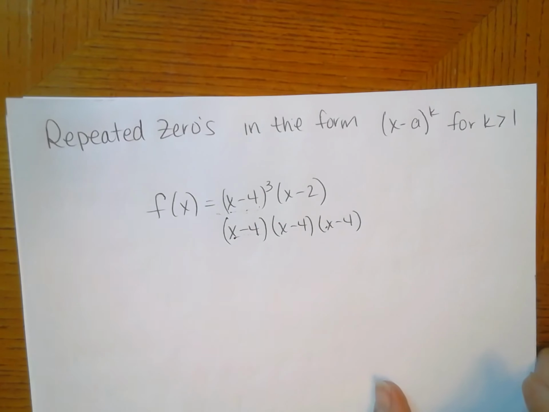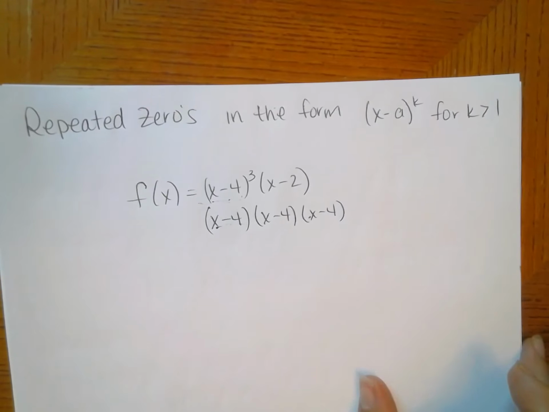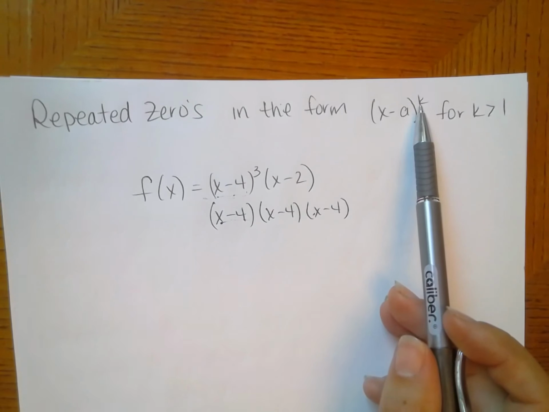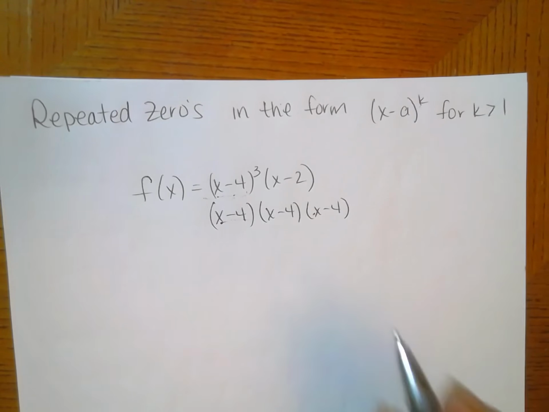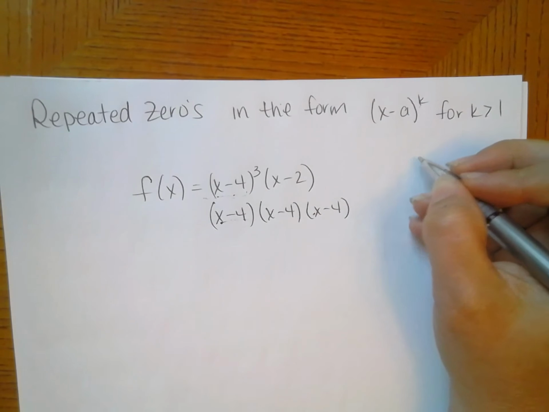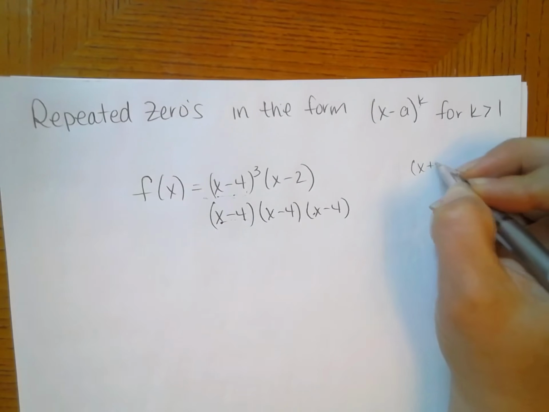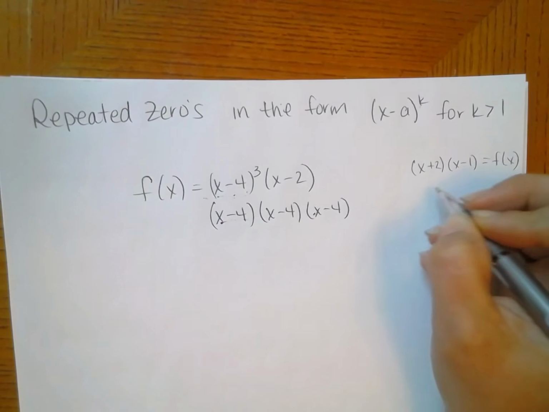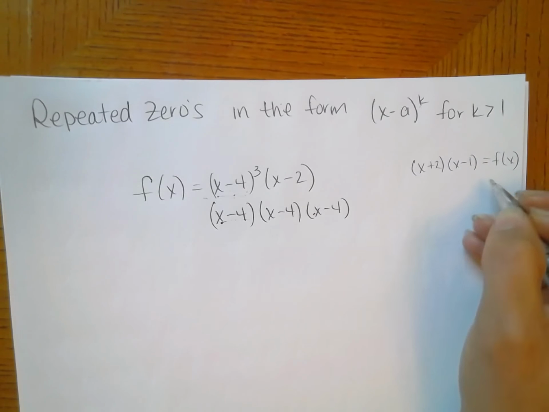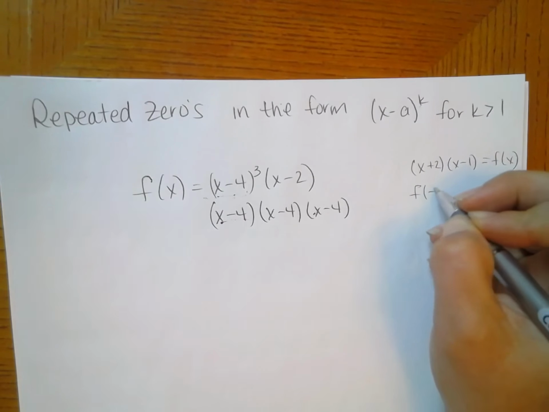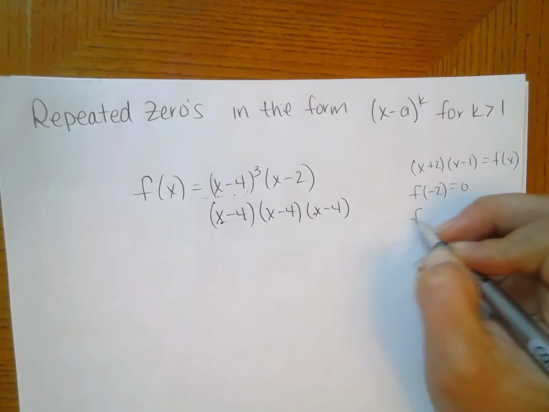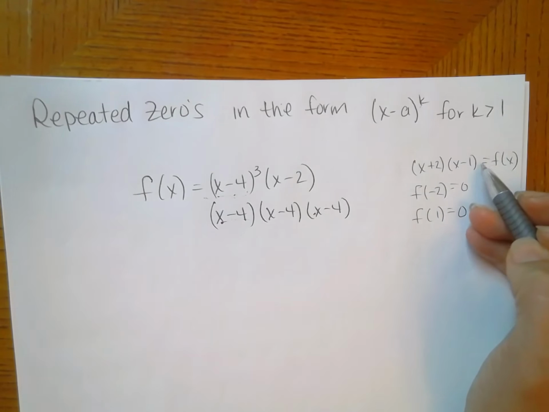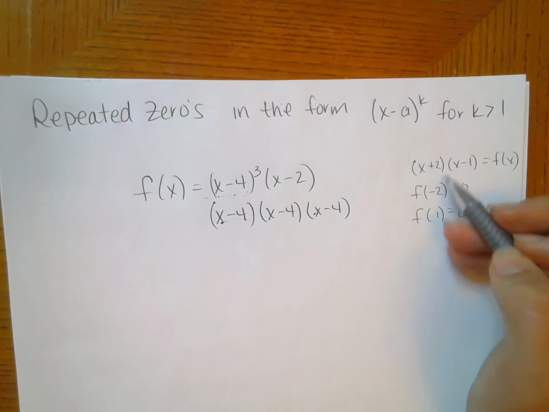Now, interesting things happen when I get repeated zeros. When k is 1, you may have noticed when I graph a quadratic function, like f of x equals x plus 2 times x minus 1, that f of negative 2 would be 0, and f of 1 would be 0. I set x minus 1 equals 0 and I get 1; x plus 2 equals 0 and I get negative 2.